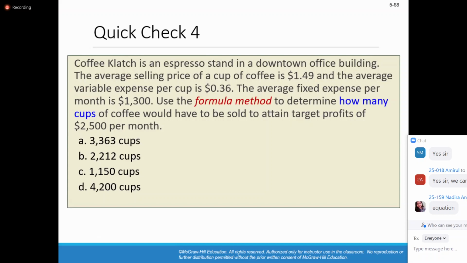Use the formula method to determine how many cups of coffee would have to be sold to attain a target profit of 2,500 per month. You see the fixed expenses are given per month, and the target profit is also given per month, so they need to know how many units of coffee they have to sell per month. Okay, so get this number.